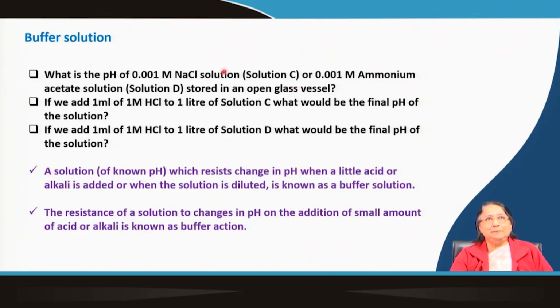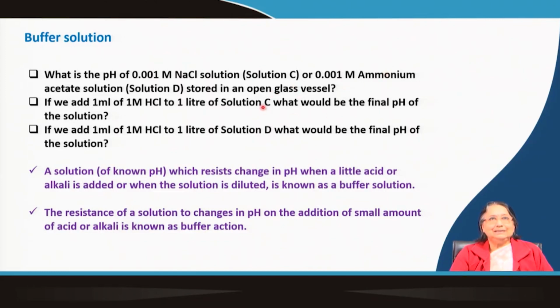This is very simple. You know that sodium chloride solution has pH 7, it is a neutral solution. So, it is 7. And for ammonium acetate, for today you think that the pH is say x. I have not calculated it, say it is x.